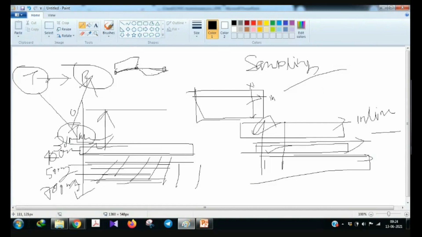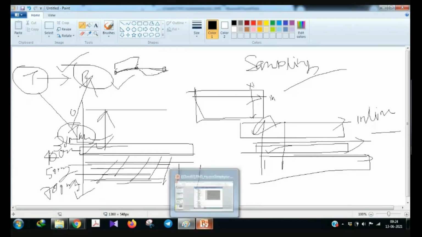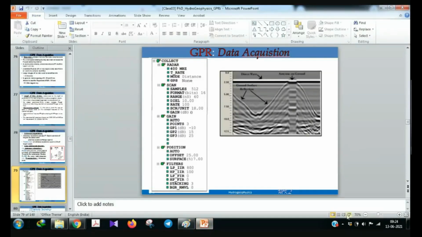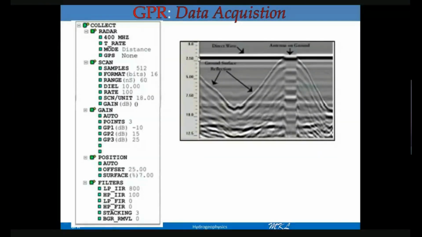After the direct wave, it reaches the receiver earlier than this reflected wave, and that will give you the idea. So this will be the boundary. When I choose a time window, see how they choose the time window.